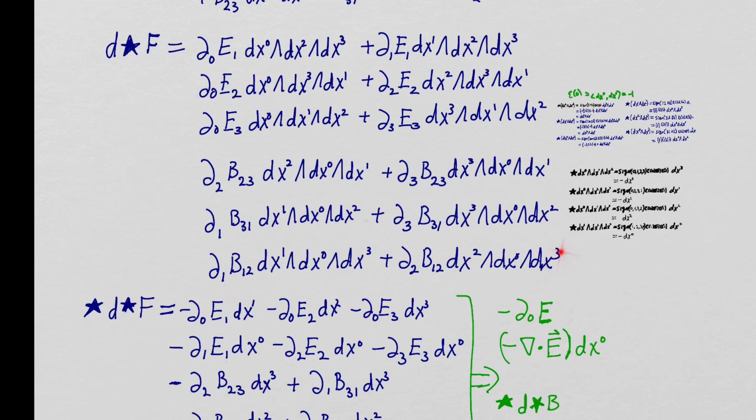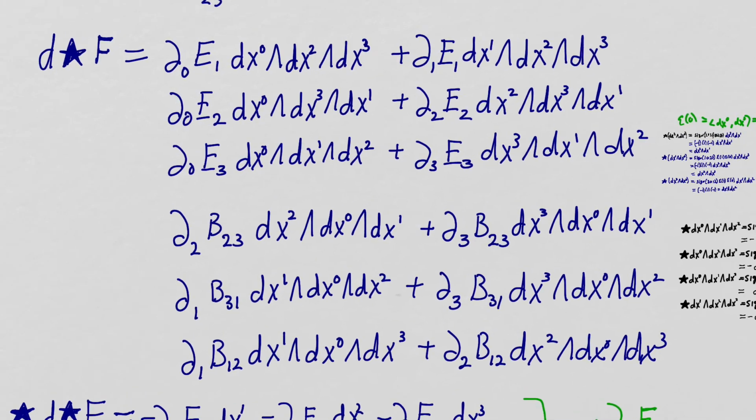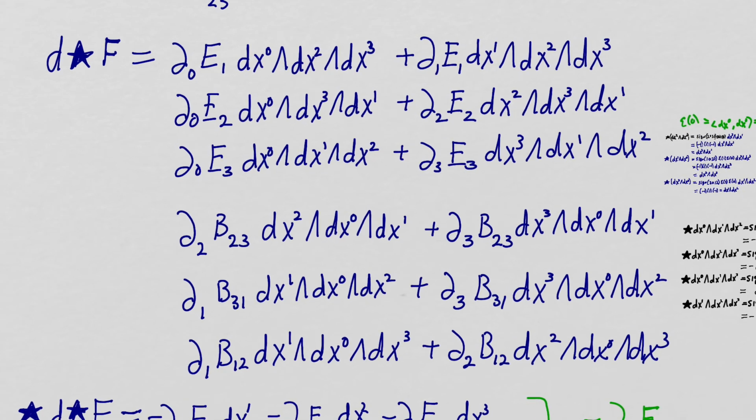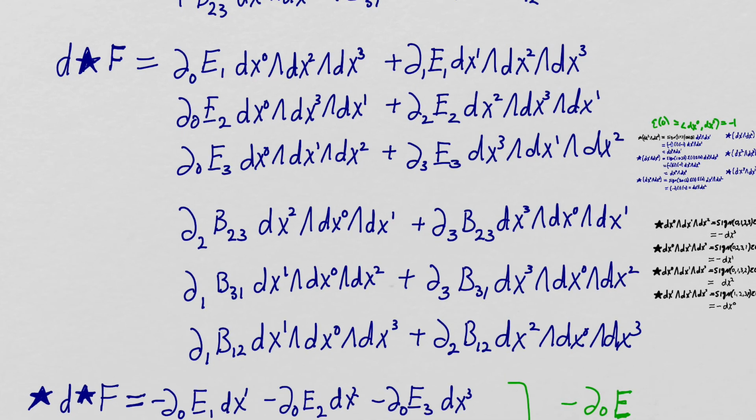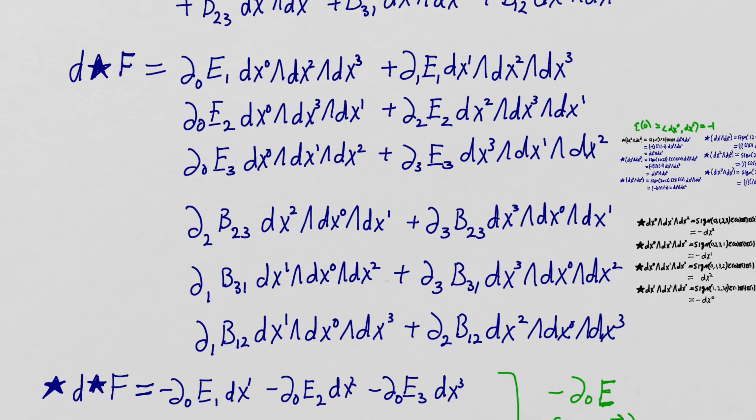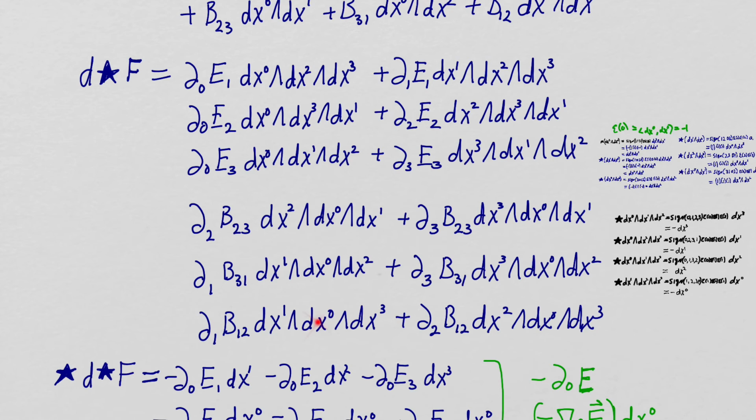So you can work it out yourself. I'll leave it up here in case you want to see how I did it. This is the exterior derivative of the Hodge dual of the electromagnetic field two-form.